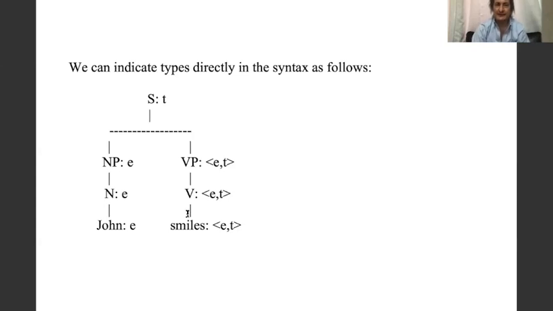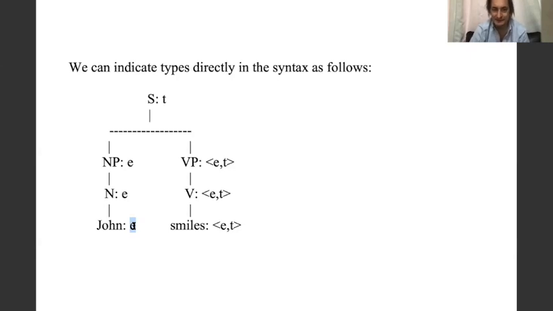Now we can indicate the types directly in the syntax. We do that by taking a label like S, putting a colon, and after the colon, we give something semantic, in this case, a type. The sentence is something true or false, it's of type T. John denotes the individual John. That's an entity, an individual.